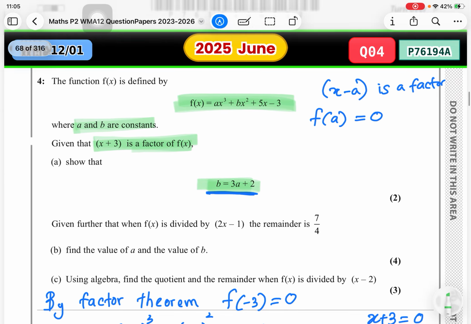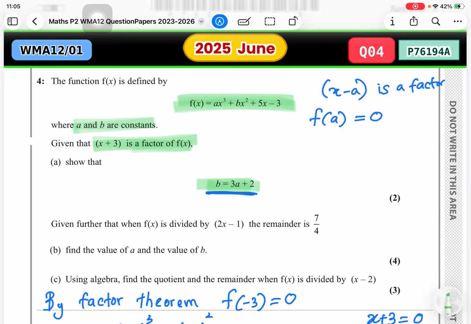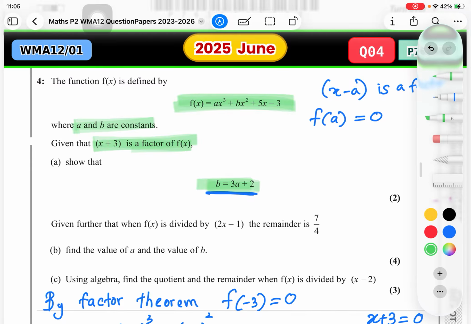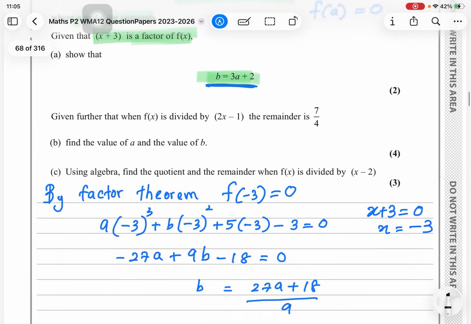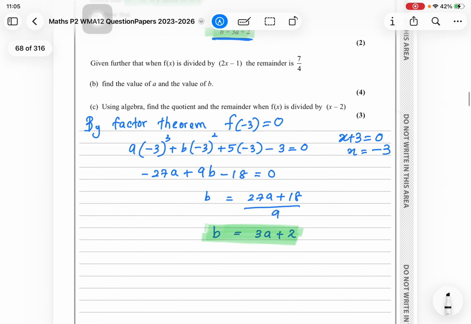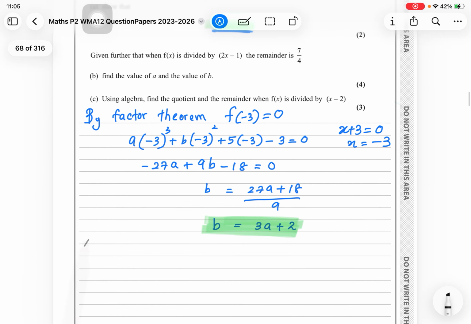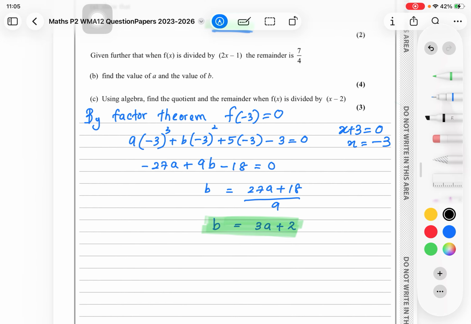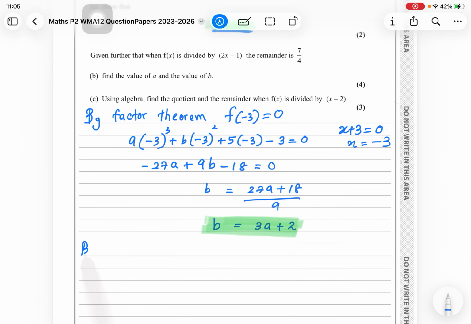Now if we come back to the question, given further that when f(x) is divided by 2x minus 1, the remainder is 7 over 4. Now we have one relationship, and they also gave us another relationship to get the real values of a and b. Here they are talking about the remainder, so we can write it by the remainder theorem.